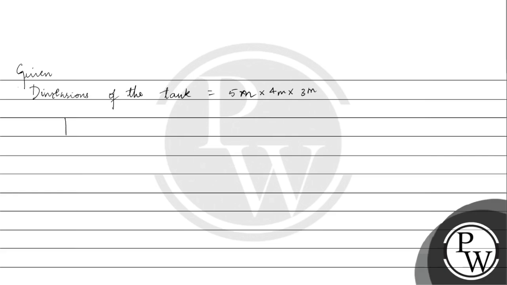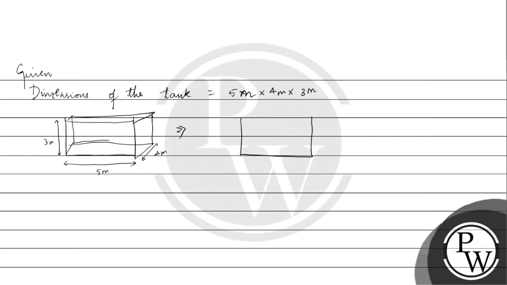So if you have to draw the diagram tank का, तो ये लेंथ है 5 meters, width है 4 meters, और height 3 meters. तो इसको हम सिंप्लीफाई करके we can just have a two-dimensional diagram.